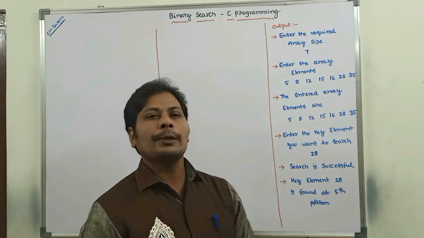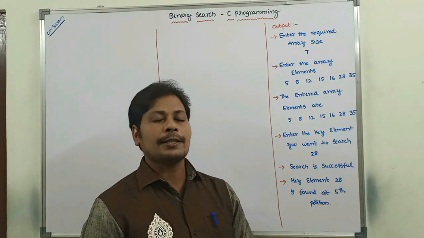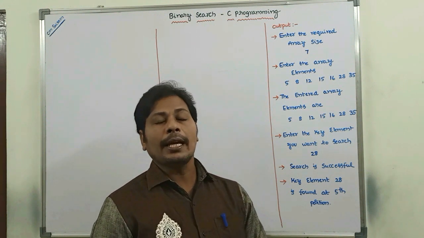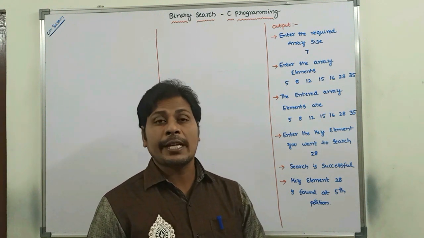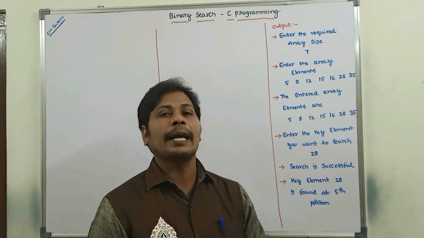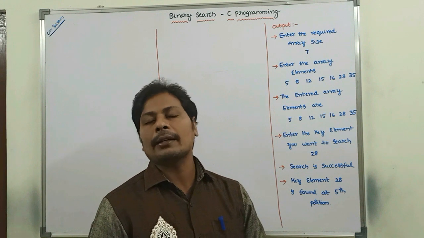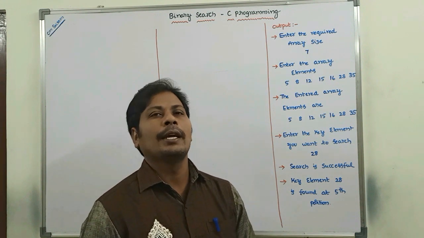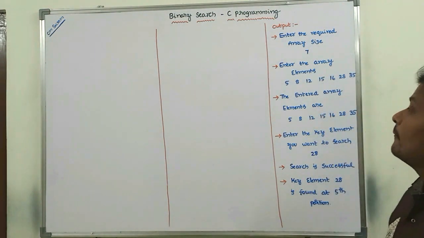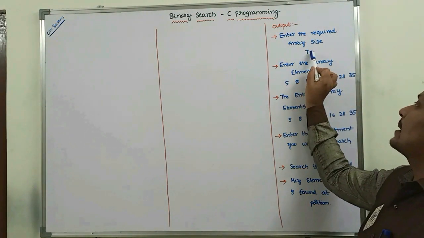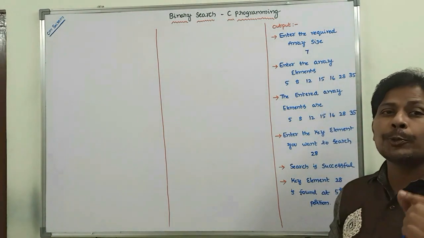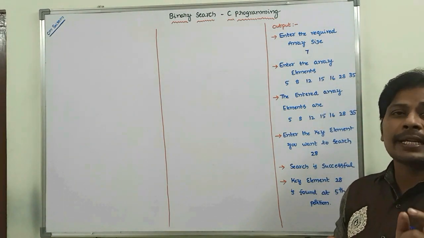Before going to binary search, first of all, what is searching? Searching is the process of checking whether the key element is present in the given array or not. Suppose we are taking a given array with array size 7. Those 7 elements should be in ascending order.